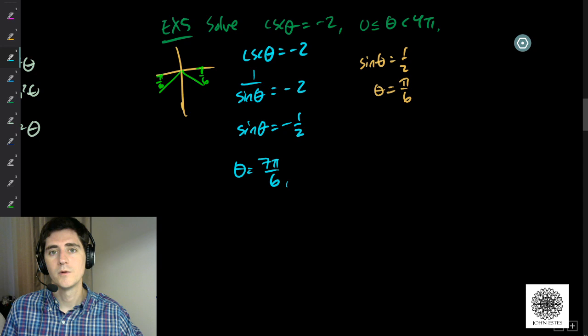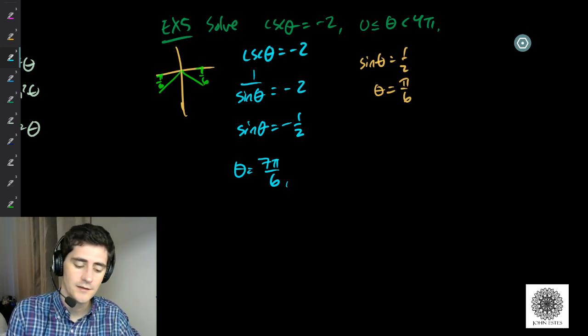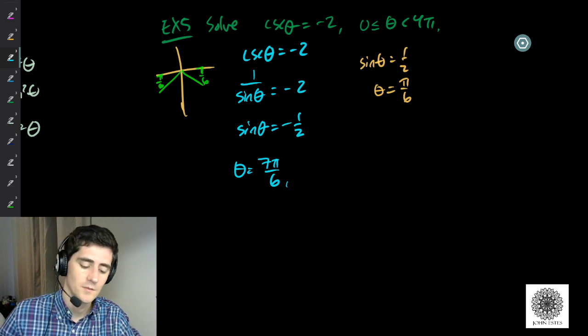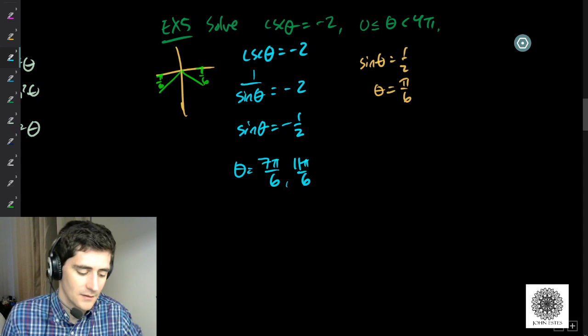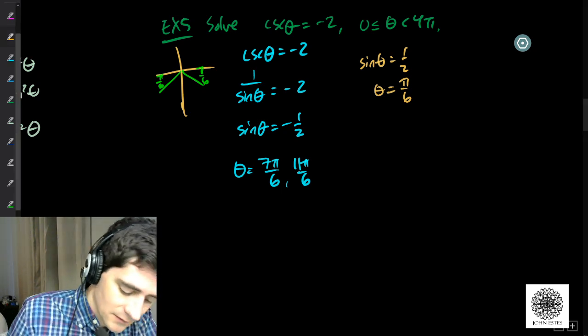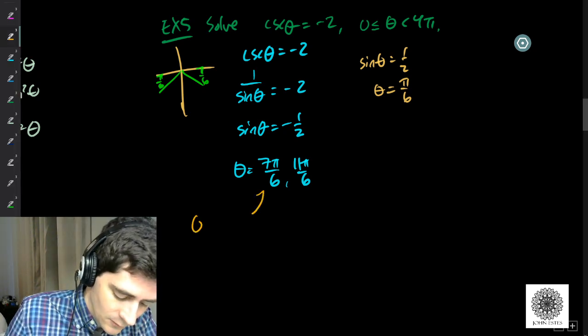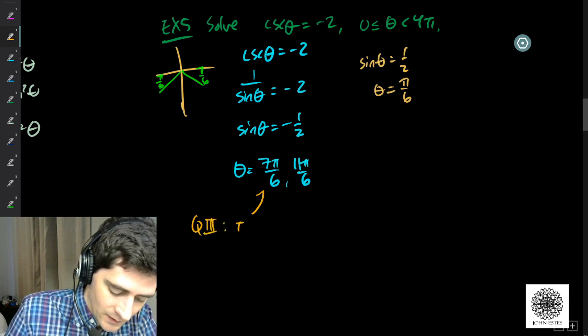My quadrant 4 one is 2 pi minus pi over 6. So that is 12 pi over 6 minus pi over 6. How about 11 pi over 6? Okay. And again, how did I do that? I said quadrant 3, I said pi plus pi over 6.